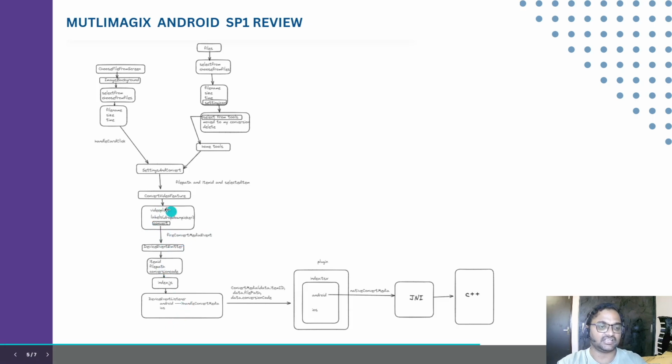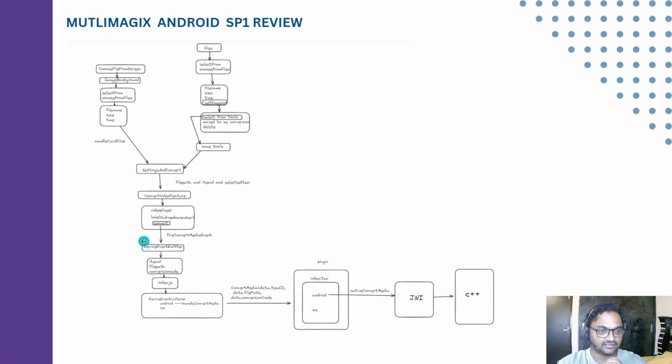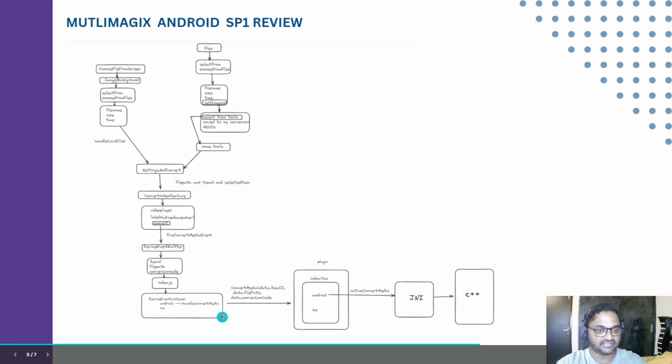After clicking the convert button, an event is emitted, and once the event is emitted, you get it in index.js and the event listeners. From this event listener you get a function called convert media, and that goes to the plugin layer, and from the plugin layer it goes to the JNI layer, and from the JNI layer to C++. This is how the calls travel for the convert media function.